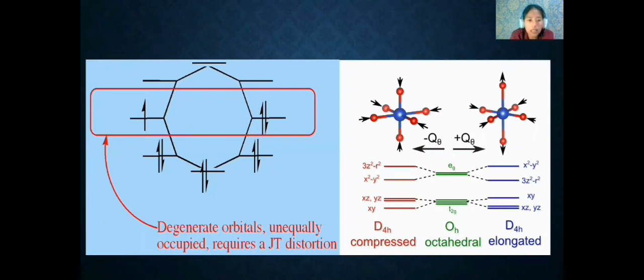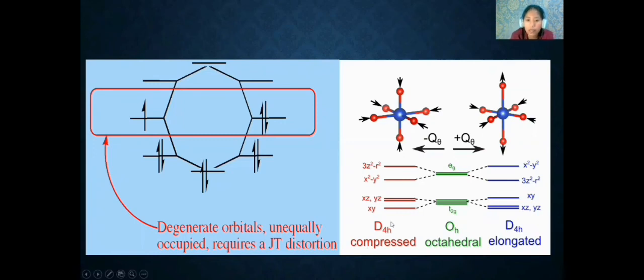This is unequally occupied, so it requires a Jahn-Teller distortion. They are not symmetrical, so they will have a distortion so that they will minimize repulsions.